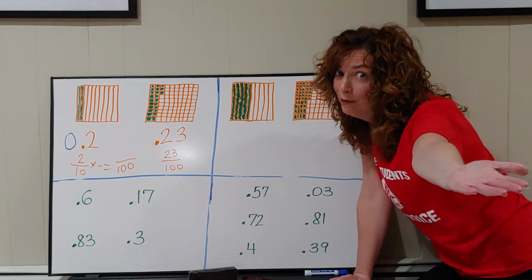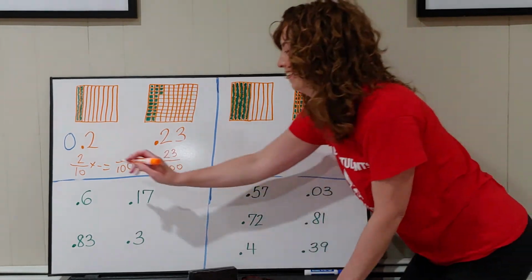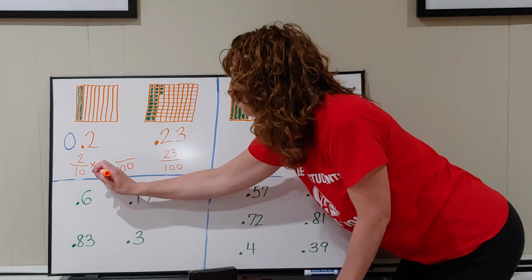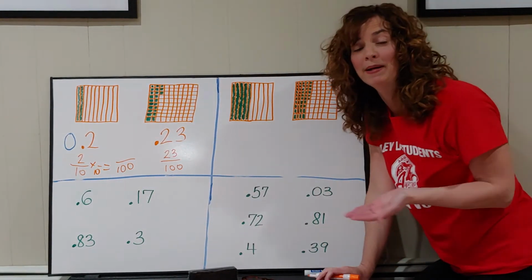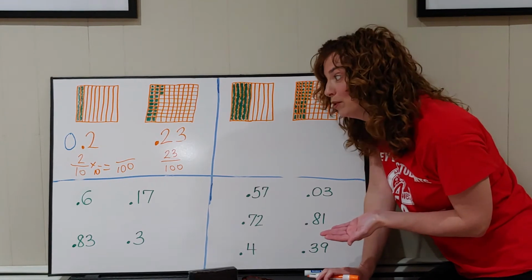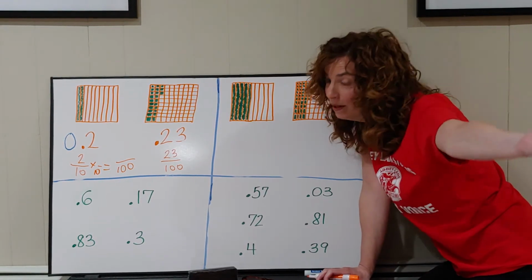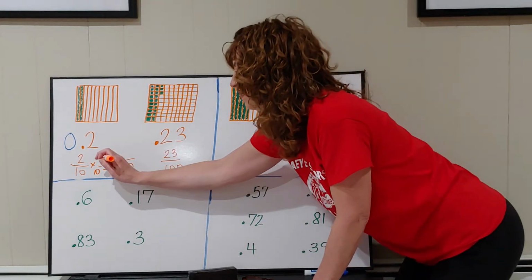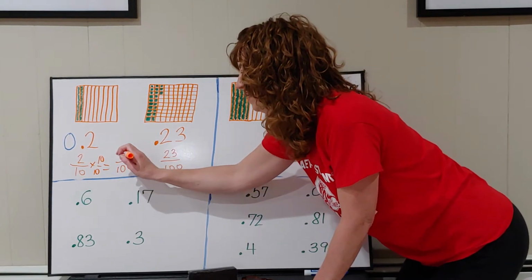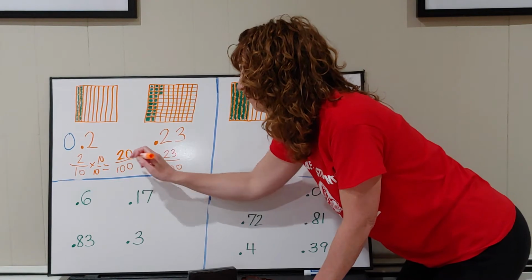10 times, everyone? 10. I can hear you all from home. Okay, 10 times 10. So if I multiply 10 at the bottom, what do I have to do? I have to multiply, everyone, 10 at the top. 2 times 10 equals 20.